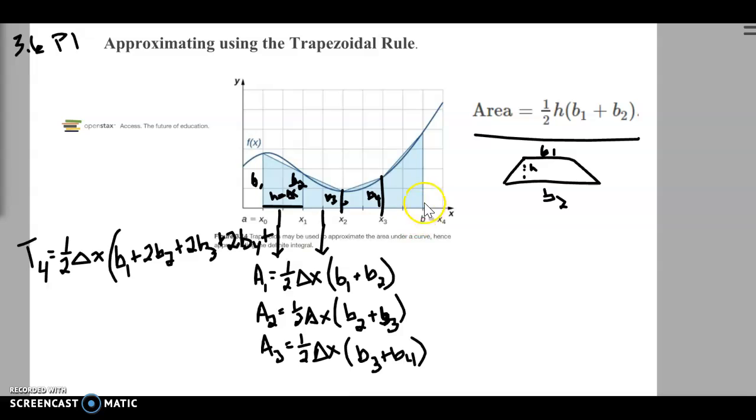But then our last side would be b sub 5, and that would not be used twice. So only one time on the first and the last of the endpoints of our intervals. Okay, so that is how we are going to use our trapezoidal rule to find the area underneath a curve. And so let's move on here.